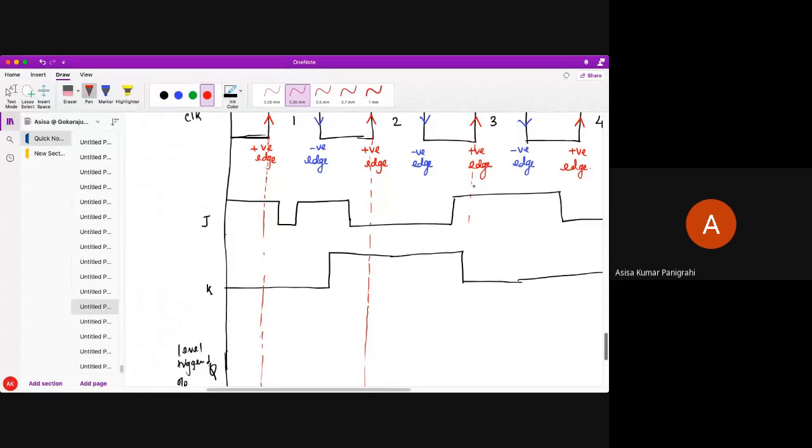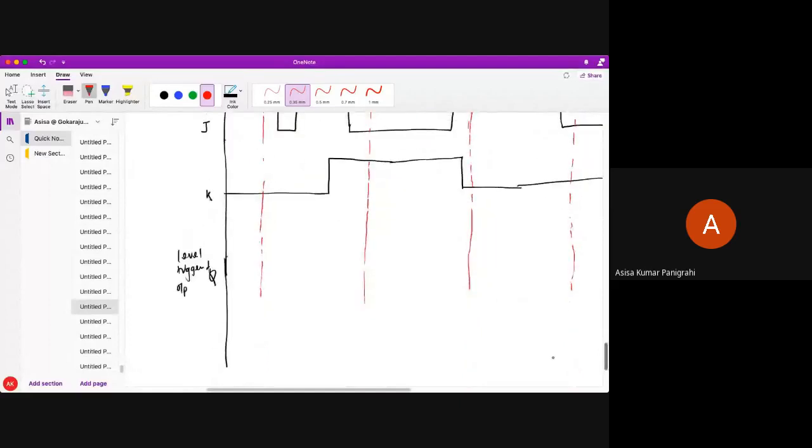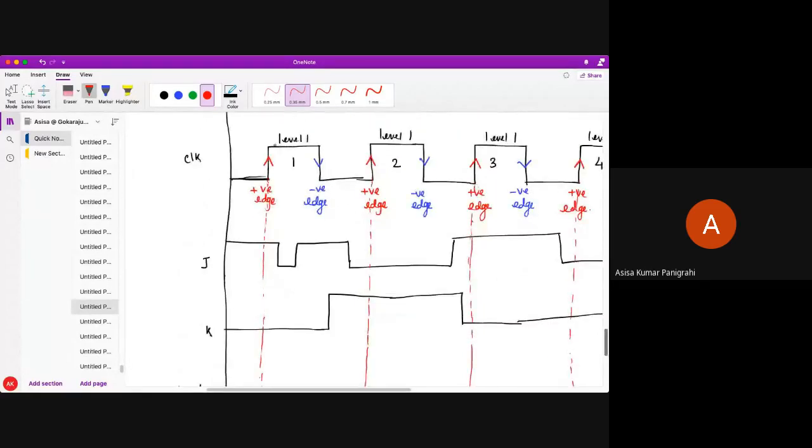I'm just drawing. So now these are all what? Level 1. Level 1 is from here to here. Level 1 is from here to here.